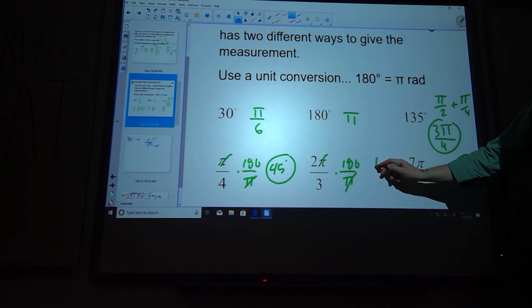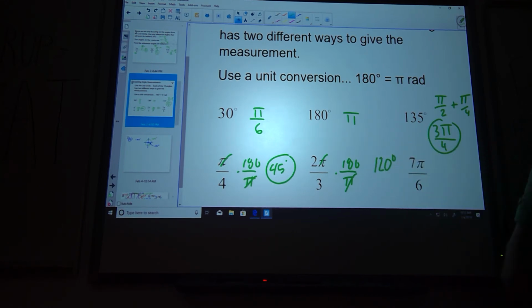Times 2 is 120. And then 7 pi over 6. Again, I'm going to multiply by 180 over pi. Those cancel. That's 30. So that's 210 degrees. Is that it? Yeah.